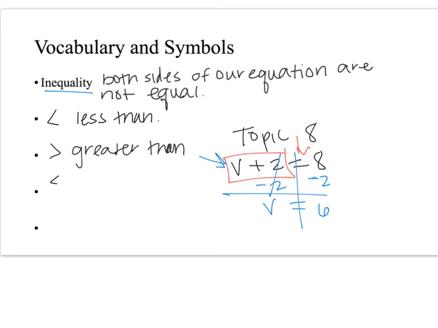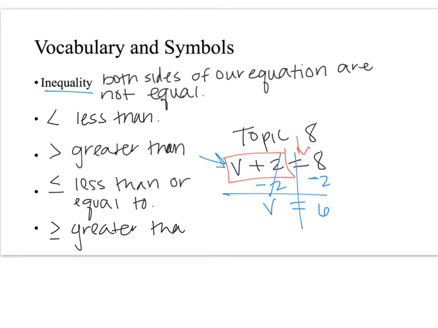A less than sign over a line means less than or equal to. A greater than sign over a line means greater than or equal to.